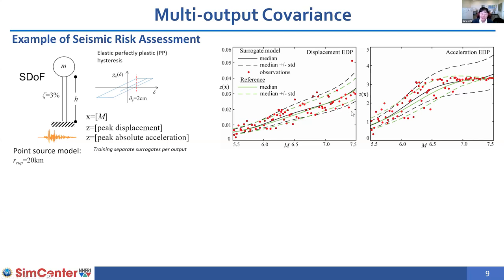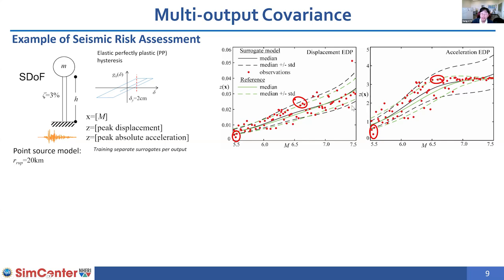The problem is that in our case, this was not enough, because there were correlations in the data set coming from aleatoric uncertainty. That means given your input parameters, if your acceleration realization is larger than the predicted mean, it is likely that your displacement is also larger.